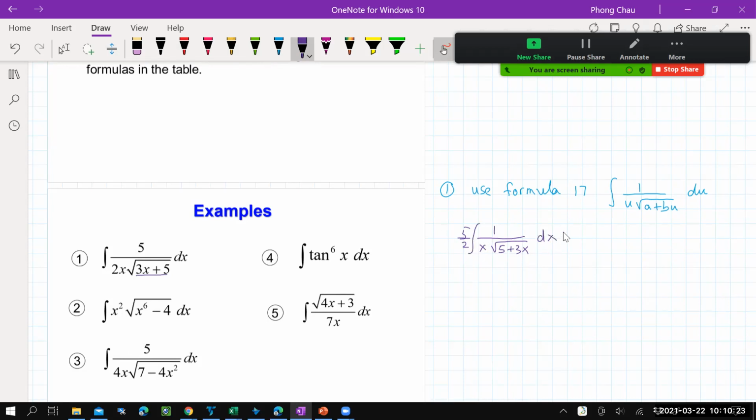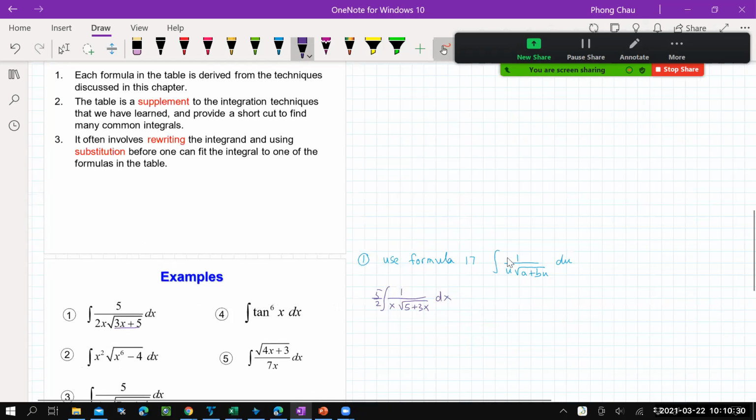Now, do you see that? It's exactly the same as what we have here, right? 1 over x root. So when I use formula 17, the a is 5, b is 3, and u is x.